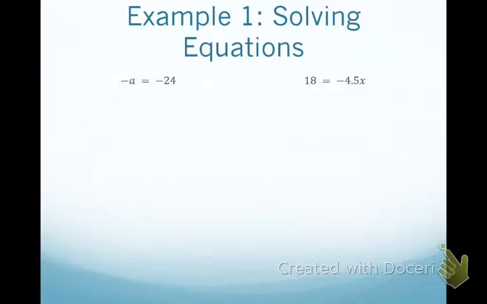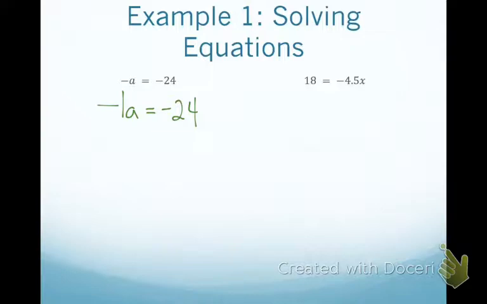A 1, okay? So pay attention to this, guys. It's important that we understand that because our variable cannot be negative. If it had just said a equals negative 24, there's nothing to solve. But because it's negative a, my variable cannot be negative in my answer. So it is simply a matter of now recognizing there's a 1 there.